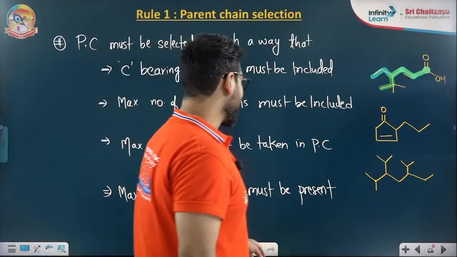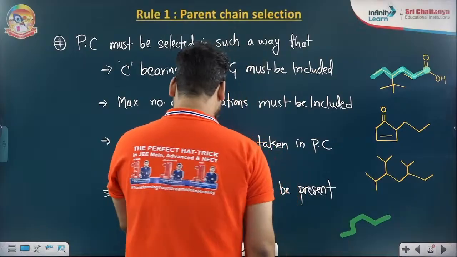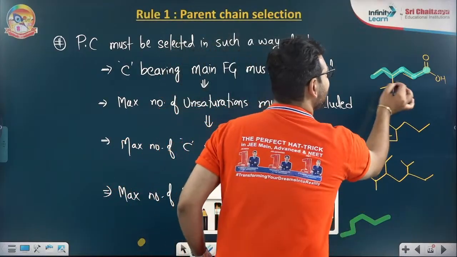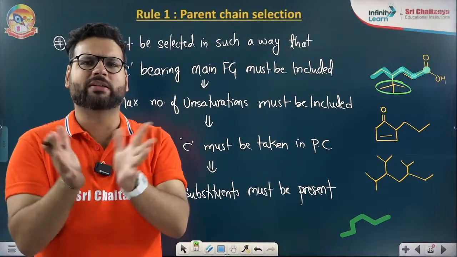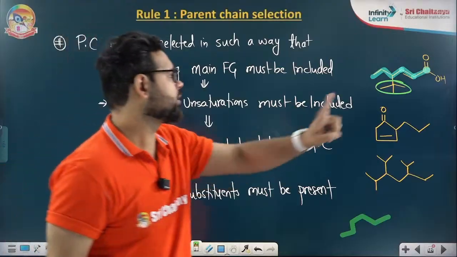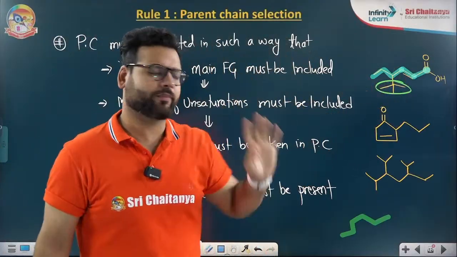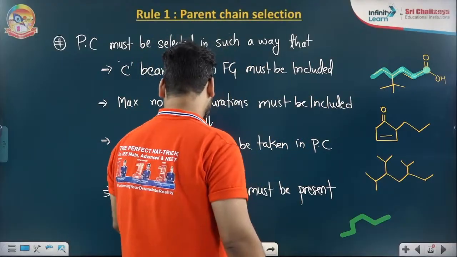But if I go straight, if you see carefully everybody, then the number of substituent is only 1 substituent, which is here. Single substituent is there. This big substituent, only one. Coming on number 1, 2, 3, 4. Fourth number has 1 substituent.